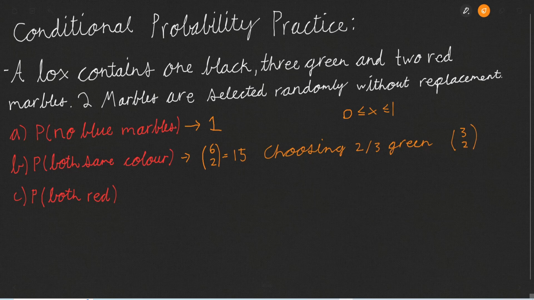And then finally, we need to choose our 2 red marbles. Since we only have 2 red marbles, we're going to be choosing 2 out of the 2 red, which is going to be 2 choose 2.